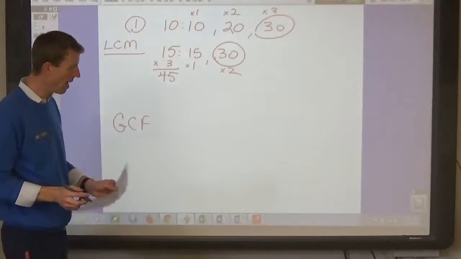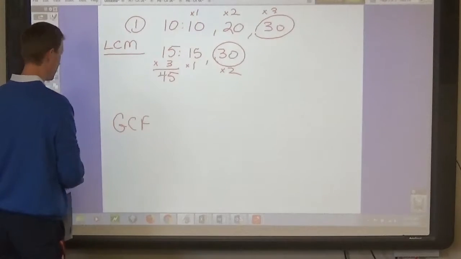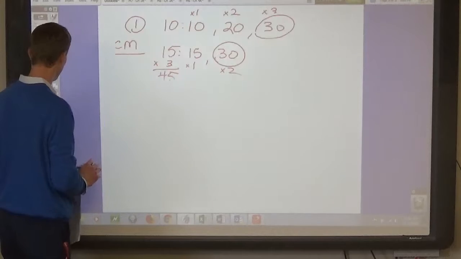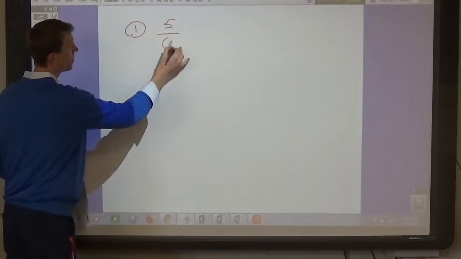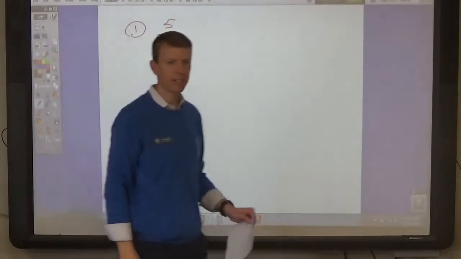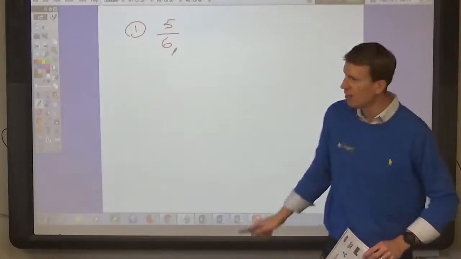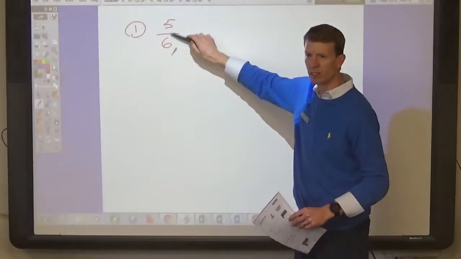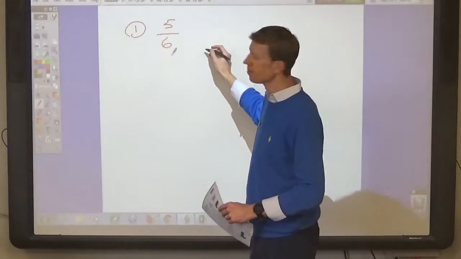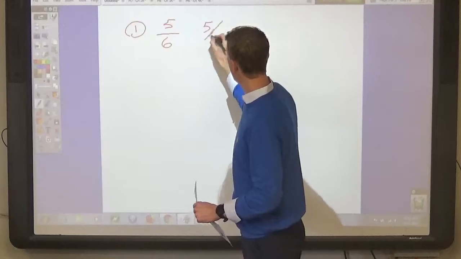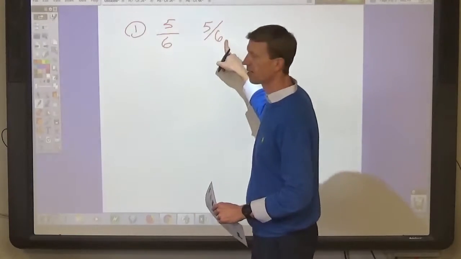So you'd write 5/6. How else could you write 5/6 as a fraction? What's another way to write a fraction? Arthur? 5 and then /6. Good. 5/6 means 5 out of 6. Yep.